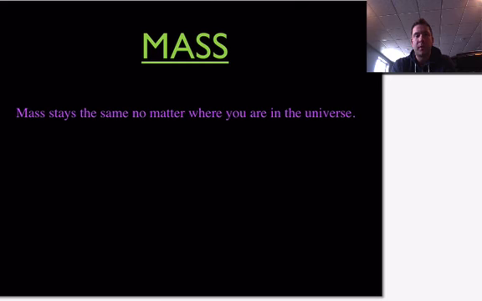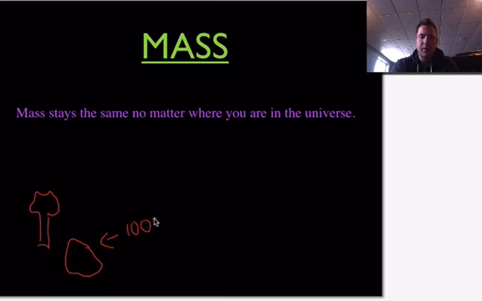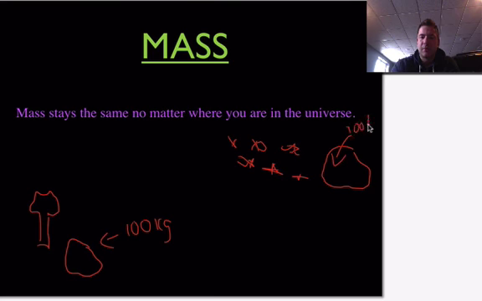Now, just one little point at the end that's really important. If I take this rock and have it down by a tree, sitting on the ground, and its mass is 100 kilograms, and then I have it up in space with all the stars, it's still going to be 100 kilograms.